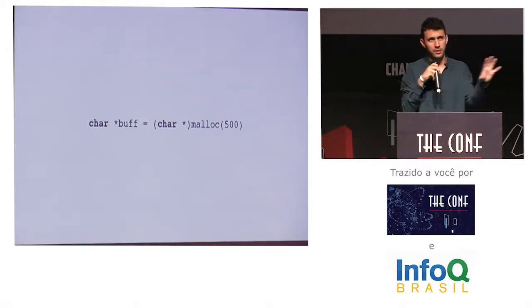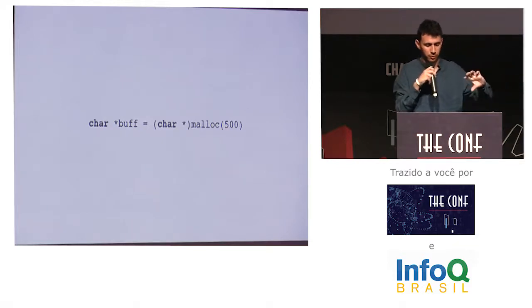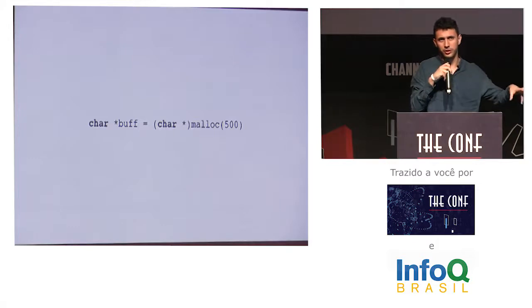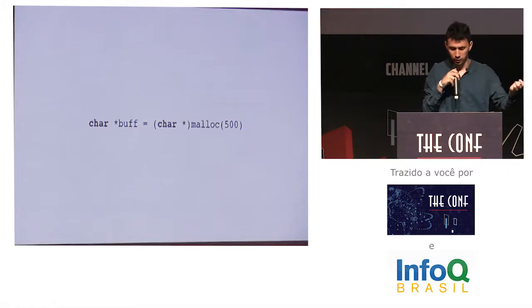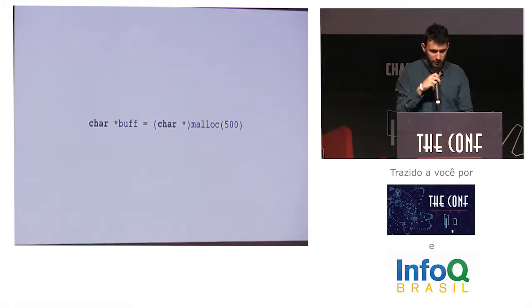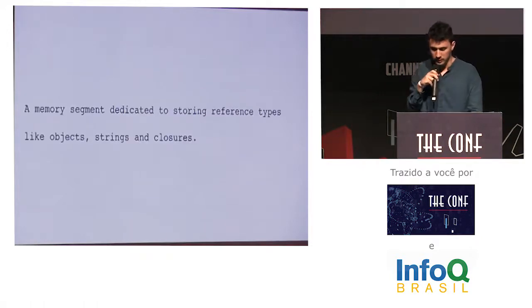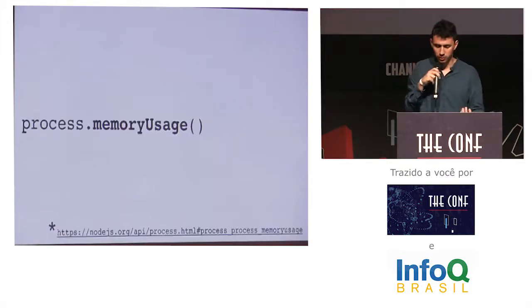So you reserve these 500 chars in the heap, and only save a pointer reference address to that heap. Larger data are preferred to be allocated on the heap, but primitives and smaller ones on the stack. Resuming again, the heap is a memory segment dedicated to storing reference types like objects, strings, closures.